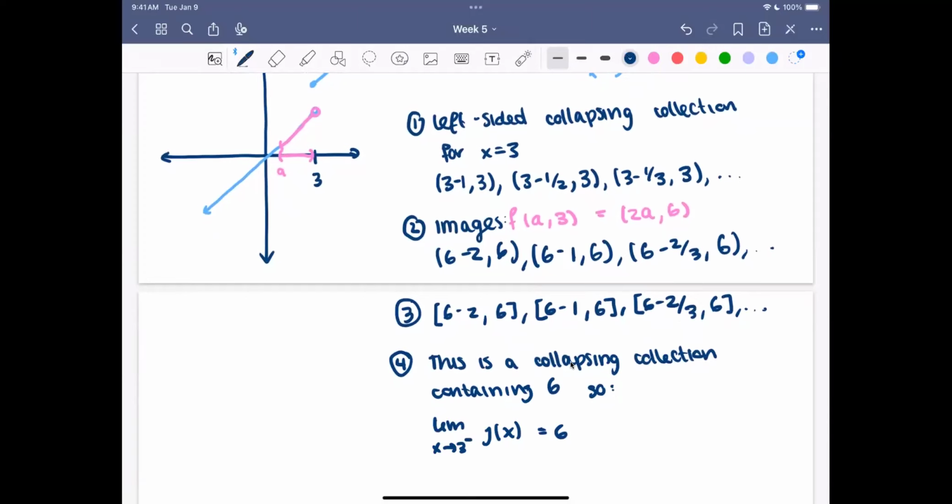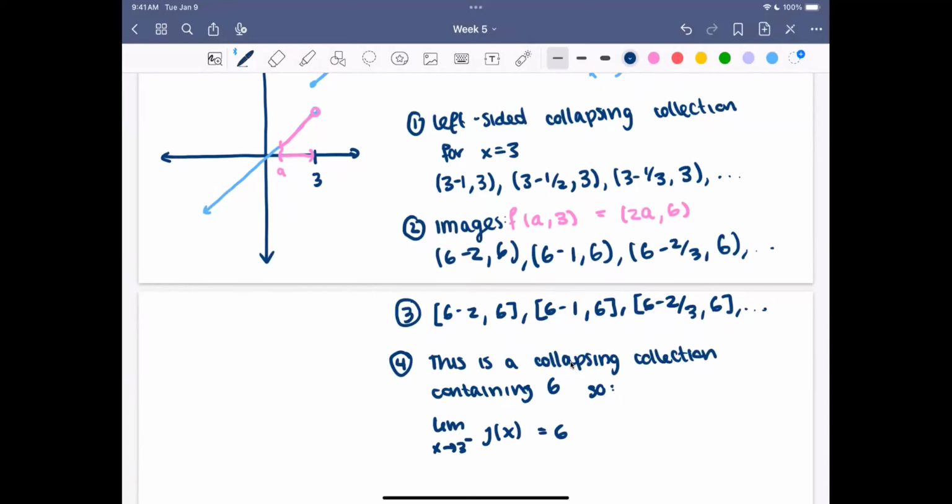Are we convinced that if we did this for the right-hand limit, we would get 8? Yeah, so in this step, we would pick a collapsing collection where 3 was the left endpoint of the interval and the right endpoints were getting closer and closer to 3.